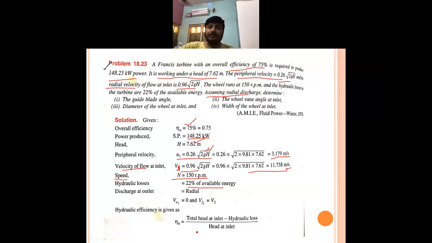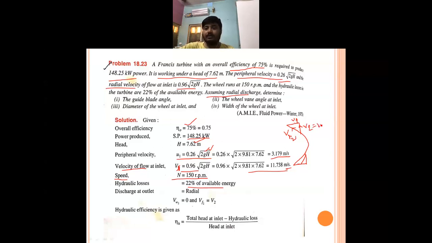If the discharge is radial, then what will VW2 be? It will be 0. So let me draw the diagram. If I draw the diagram, it is like this. You know all these terms. If it is radial discharge, then this is your VR2, this is U2, and this is V2, or it is known as VF2.